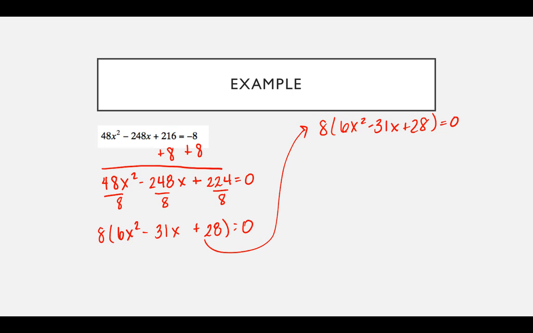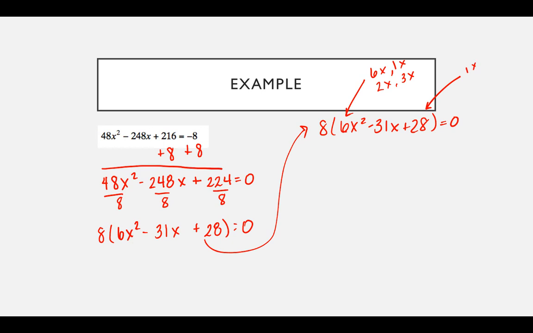So what I need to think about are ways that I can multiply to get a 6x squared. So I can get a 6x squared from either 6x and 1x or 2x and 3x. I also need to think about ways that I can get a 28.